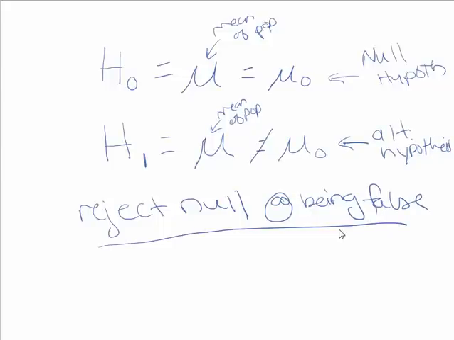So there are a couple other things I want to talk about, and it's sort of more to do with our alternative hypothesis. For our alternative hypothesis, again, which states the mean of the population is not equal to mu naught, we call this a two-sided test.